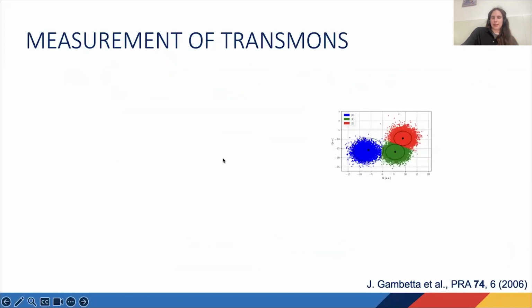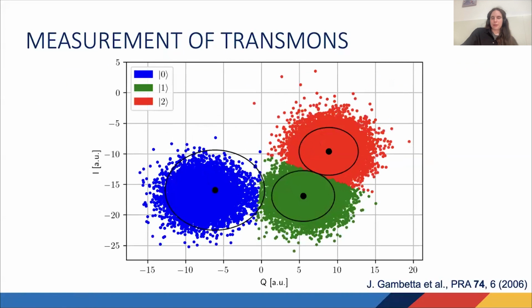So when I measure that signal out from the resonator, it has two components, which are normally in the literature called in-phase and quadrature. If I plot those components against each other, depending on where my data ends up on the plot, I can say what state my qubit was in.